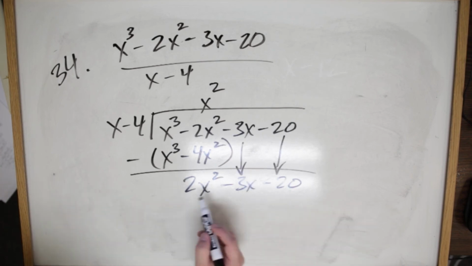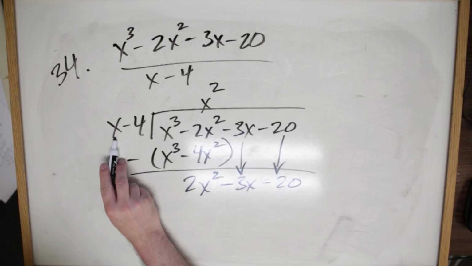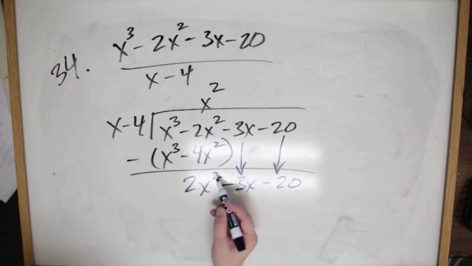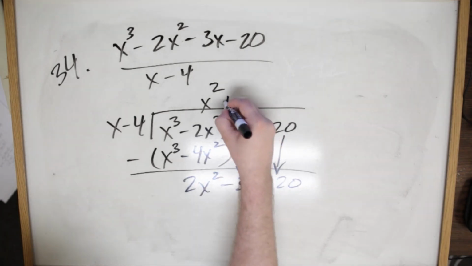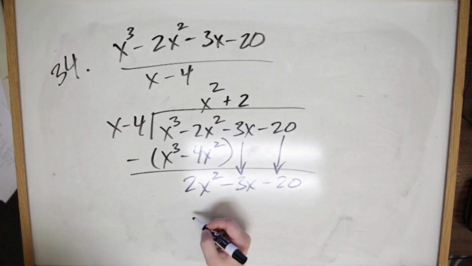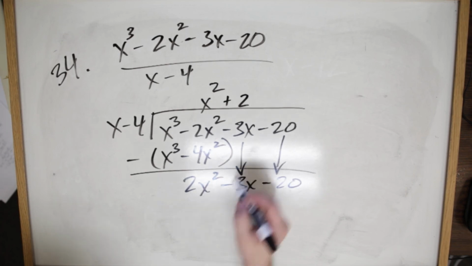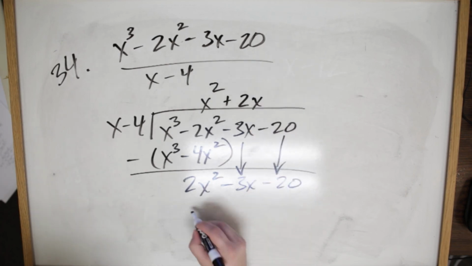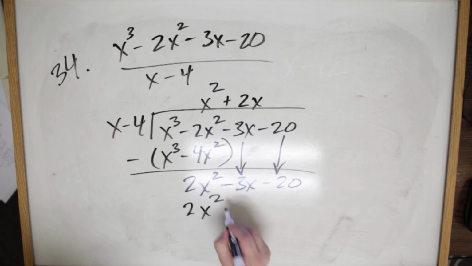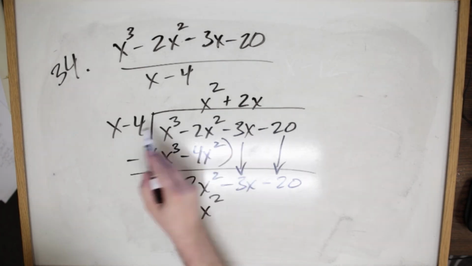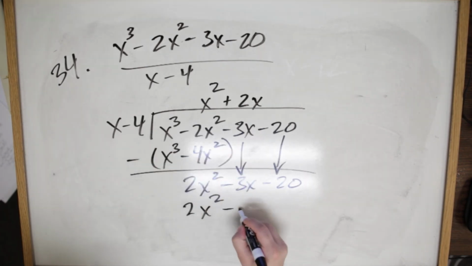Now we do the next part. How many times does x go into 2x squared? Or what times x will equal 2x squared? It's going to be a 2 for a coefficient and then an x. Okay? So I get 2x squared. 2x times a minus 4 is a minus 8x.